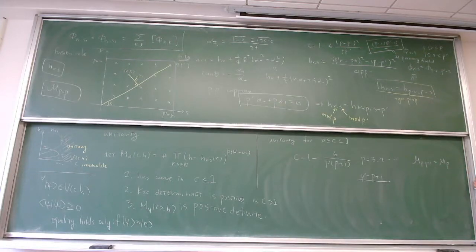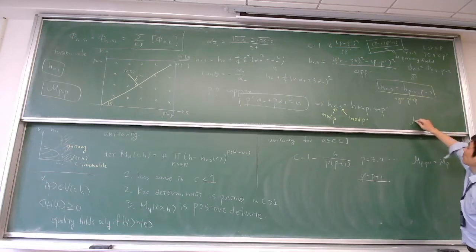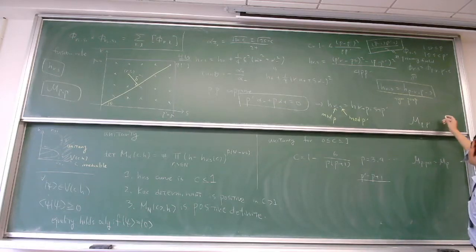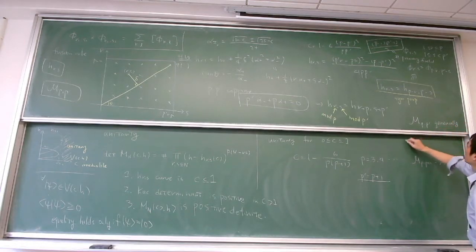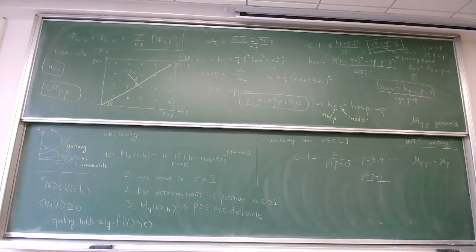But in general, you don't have unitarity. The general minimal model with P and P prime is generically not unitary. It's very important. It has some negative norm states.